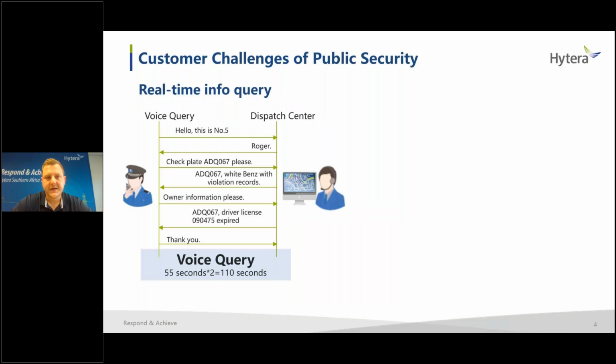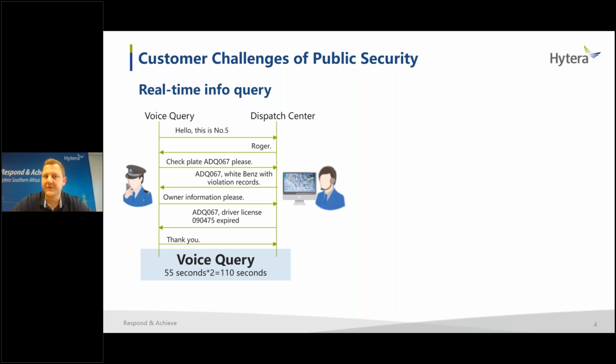Another scenario is, for example, a call that comes from a radio in the field, and he then talks to the dispatcher. The dispatcher would then communicate back. Let's say it was a number plate of a vehicle. The person out in the field would have to supply the information verbally to the dispatcher.